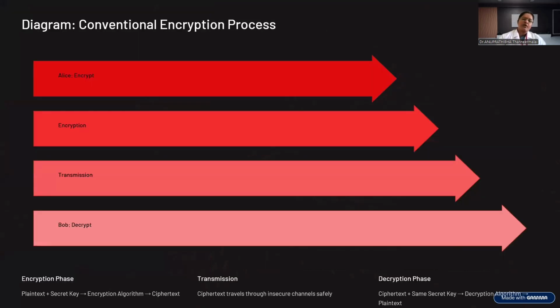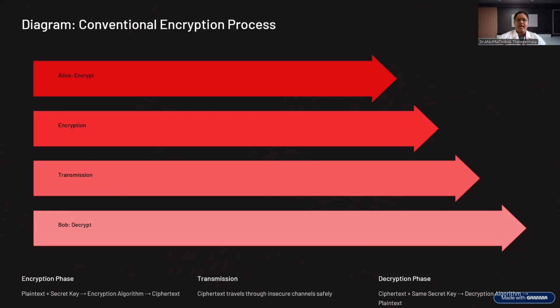Now we are going to see the conventional encryption process in detail. Here, two persons, Alice and Bob, are going to share a secret message. First, Alice will be encrypting the message using a single key. This single key is a secret key which is shared between Alice and Bob. The third persons are unaware of it.